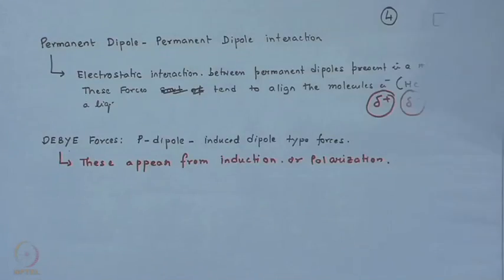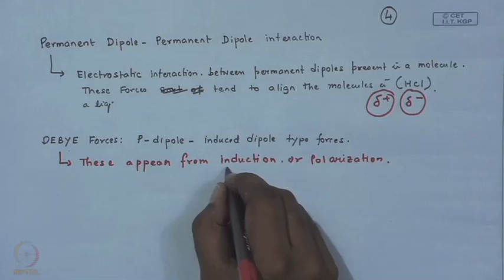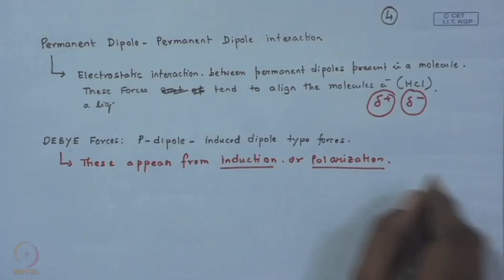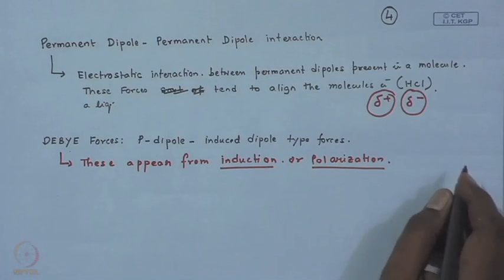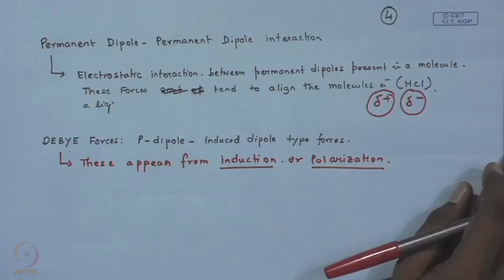So, what is important is that one part of the molecule might have excess electrons, and that induces a mirror charge on a neighboring zone. Okay. So, these appear from induction or polarization of molecules.